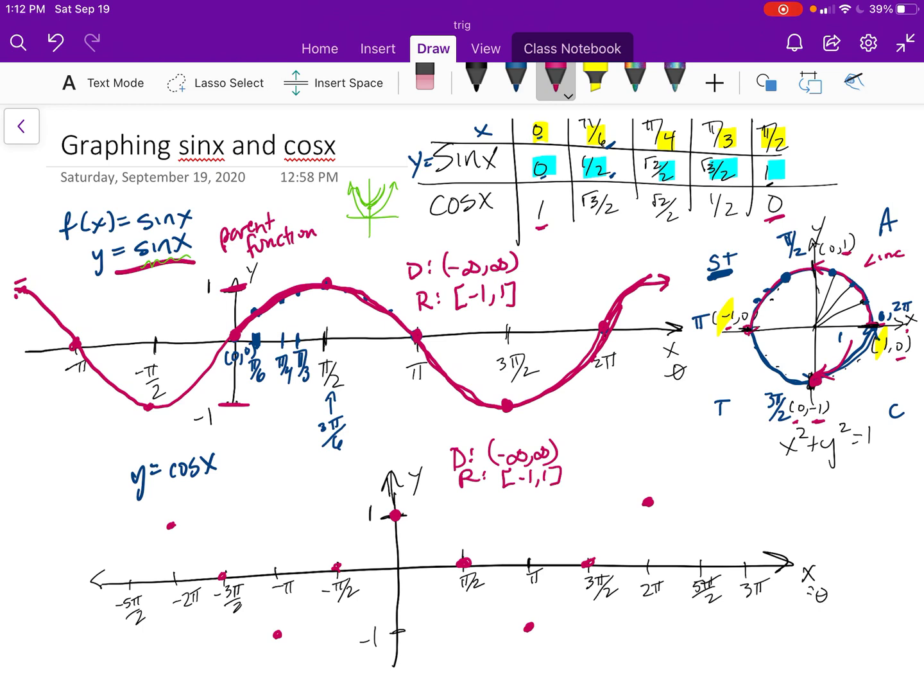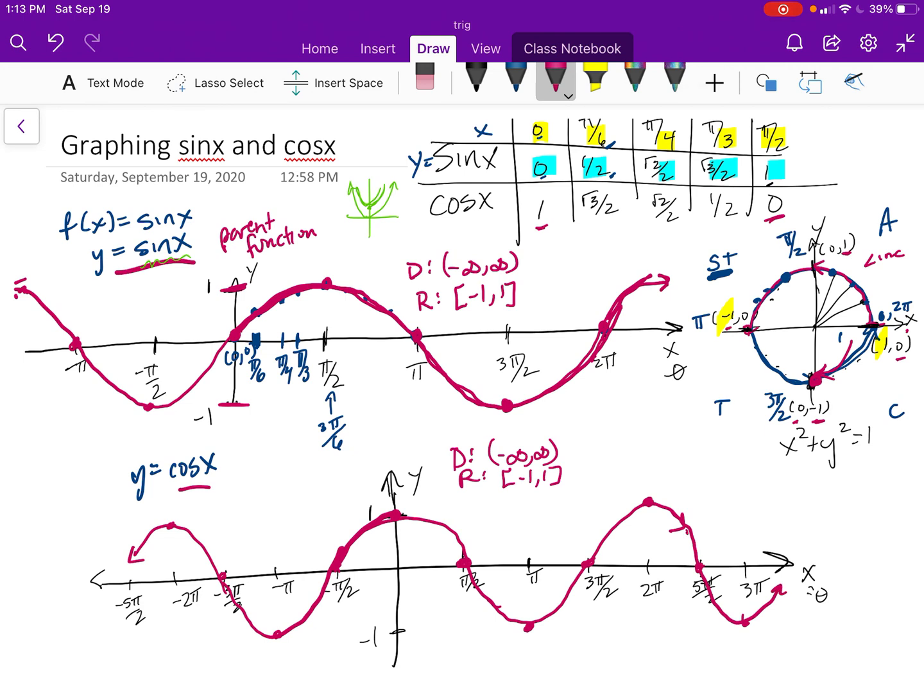Once you know the starting spot of sine and cosine, these are really easy to graph. They will always be cyclic. And until we start messing around with the function itself, those are the values we need. Now I stopped there, but we could have continued forward.